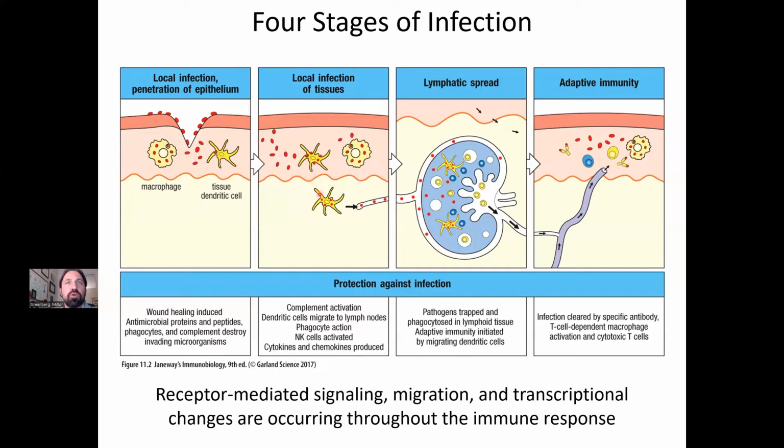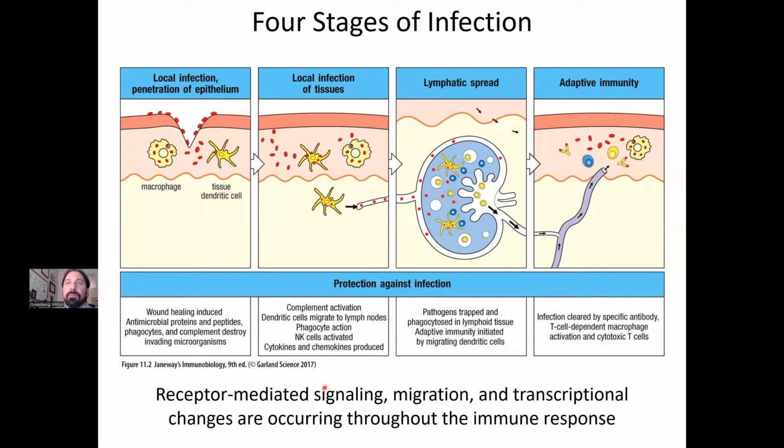They can make certain molecules that allow these cells to migrate to the tissues. They can turn on certain chemokine receptors that allow these cells to migrate into the lymphatics and then ultimately to the lymph node. They can cause the expression of different molecules that are important for facilitating the different interactions that drive the immune response in the lymph node. They can also be important for turning on antibodies and antibody production and this adaptive immunity that'll help us get rid of the pathogens.